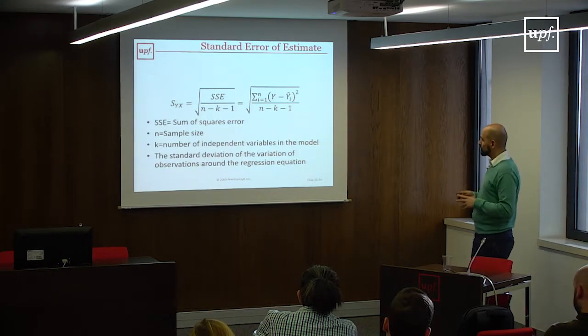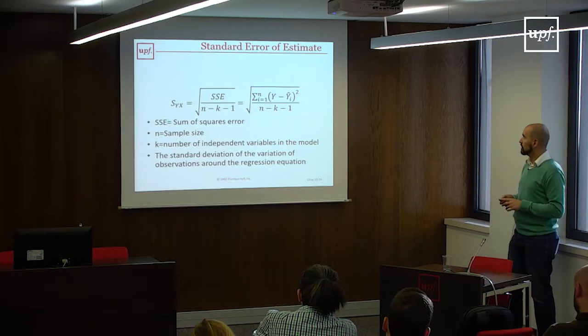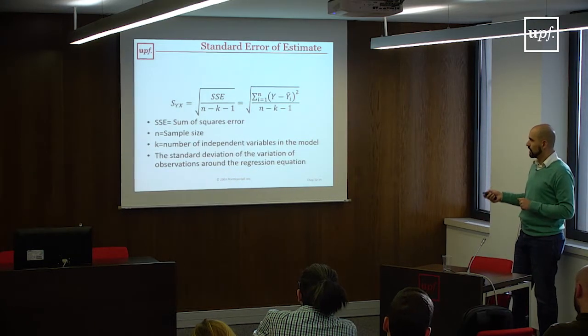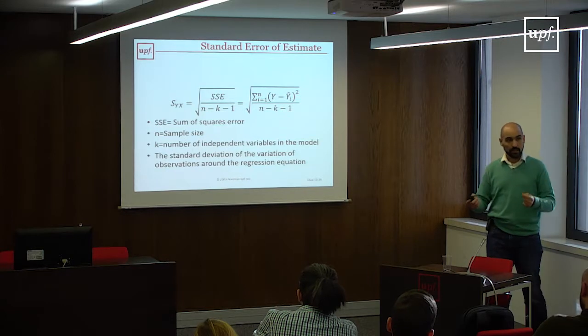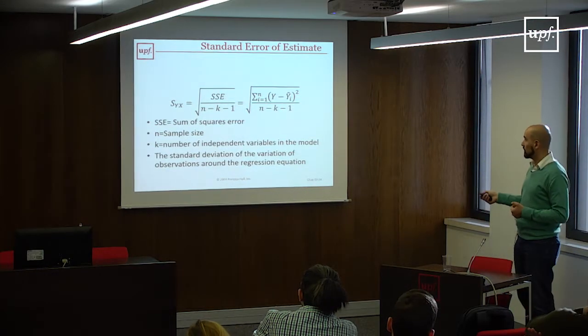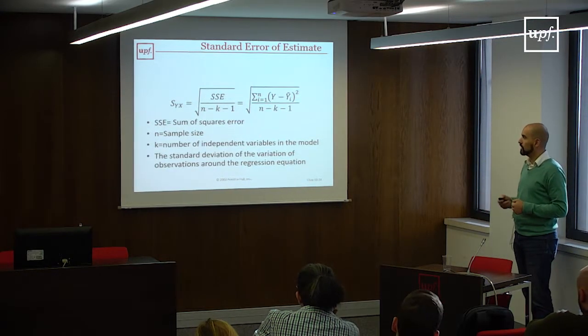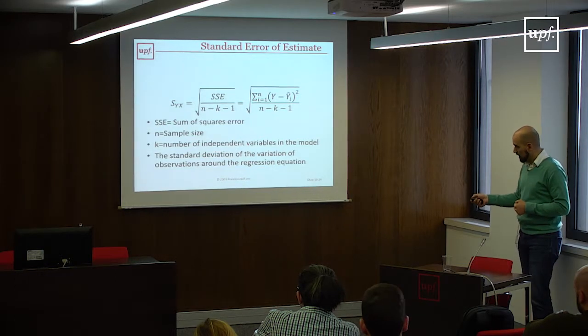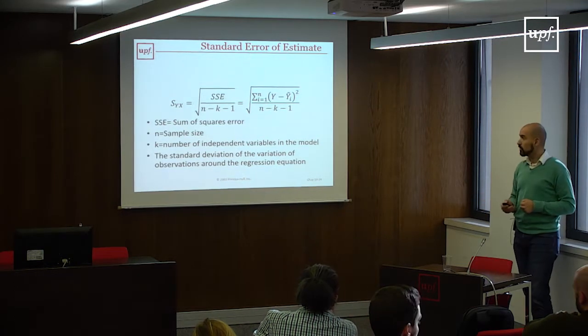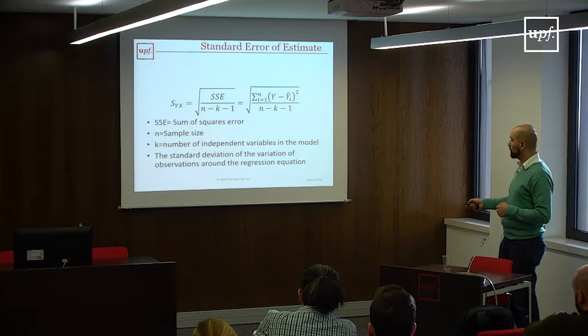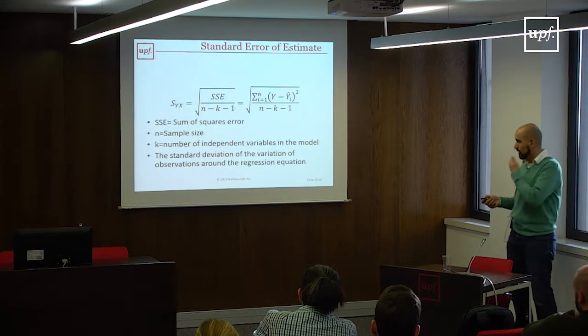So, standard error of the estimation. We can see the standard error of our slope looking at the sum of square of the error related to the sample size, and to the number of independent variables in the model.